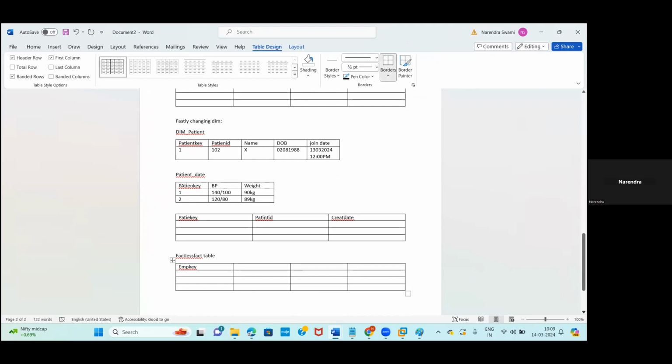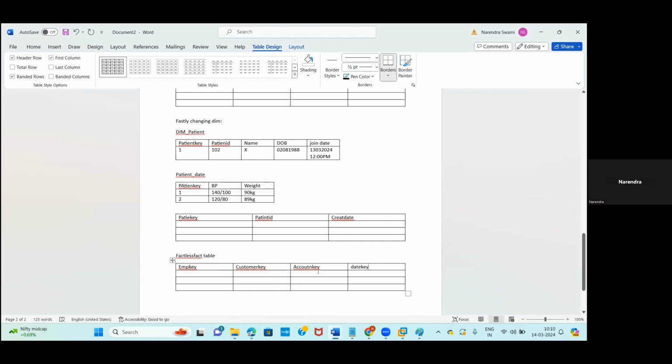Even though we don't have measures and facts in this table, we have only keys, we can still derive something, like the number of employees and a particular customer.